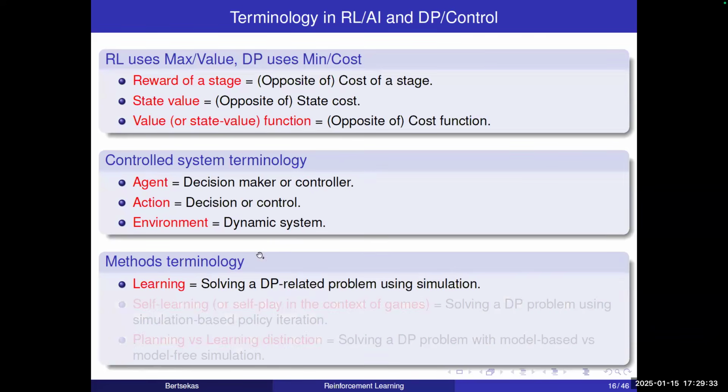Okay, terminology about methods. In reinforcement learning, you're going to see a lot of talk about learning this, learning that: learning a policy, learning a value function, learning a system. Learning is part of the name of reinforcement learning. Now, in a dynamic programming related problem, learning translates to simulation, computer simulation, Monte Carlo simulation. Learning relates to generating samples and learning from the samples, which is called simulation.